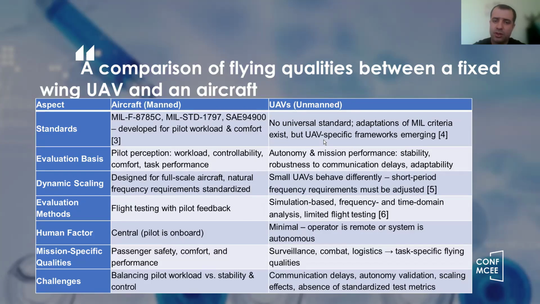From a flying qualities perspective, of all the unmanned air vehicles, the fixed-wing UAV most closely resembles an aircraft. The topic of aircraft flying qualities has been studied since before the Wright brothers' first flight in 1903.